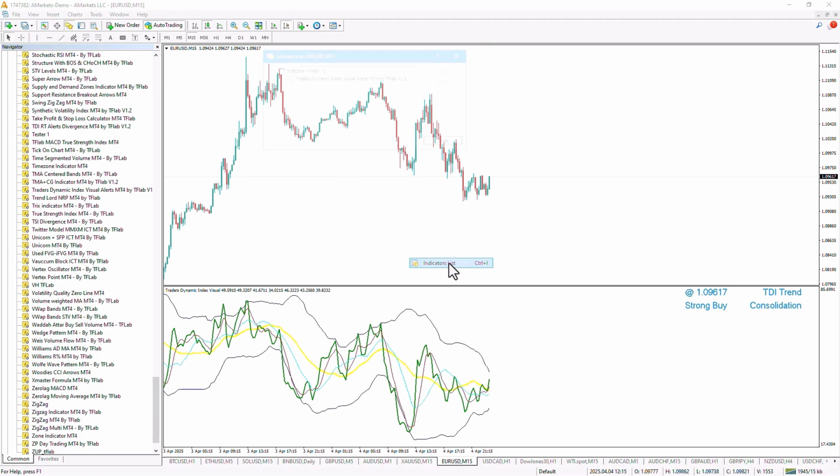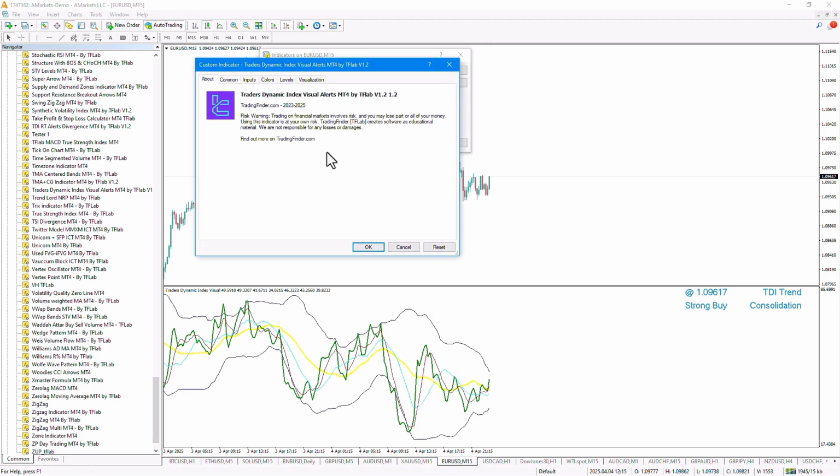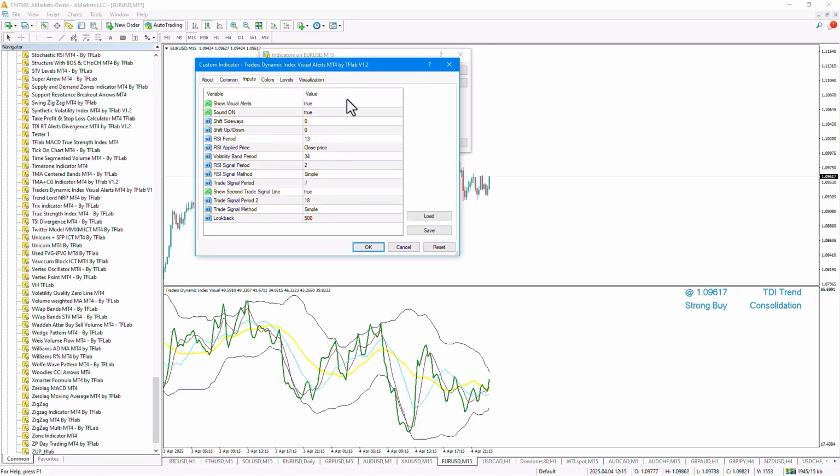In the settings section, under the input part, there are options available for us, where in the first part, we can enable or disable the display of visuals. In the next part, you can enable or disable the sending of sound alerts.